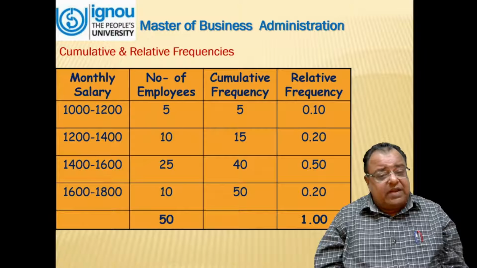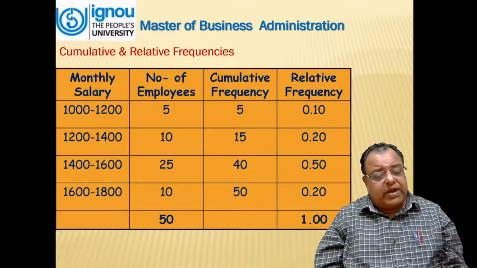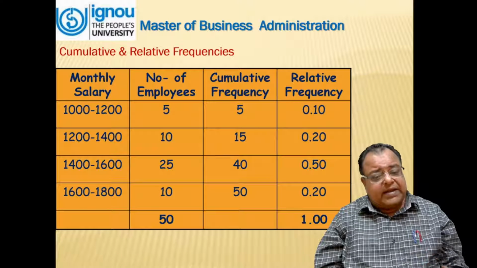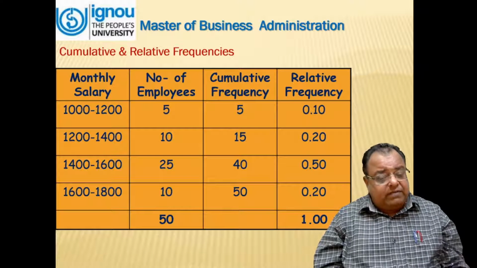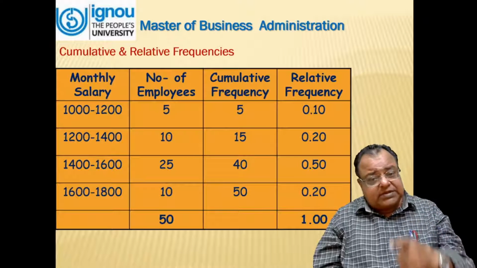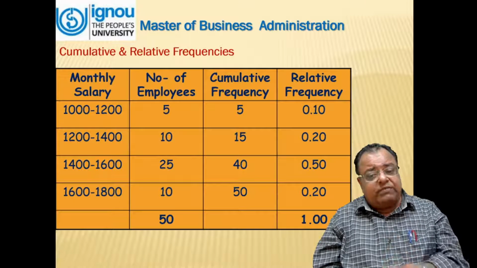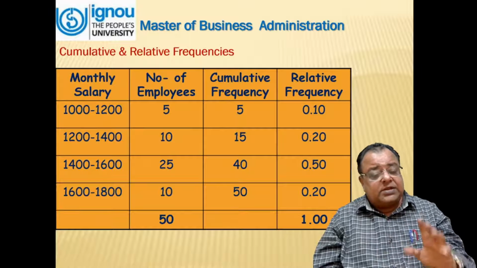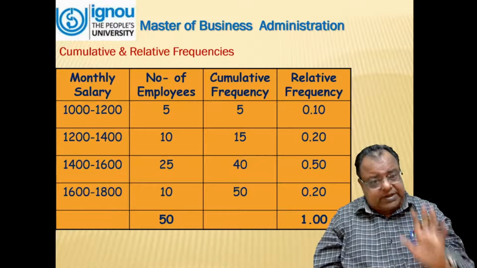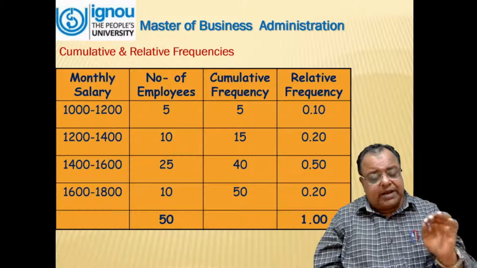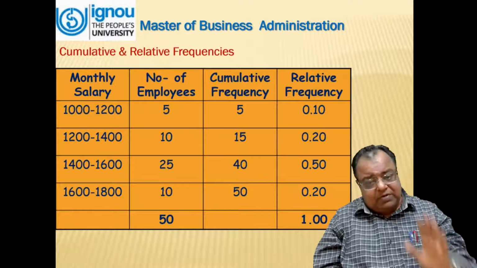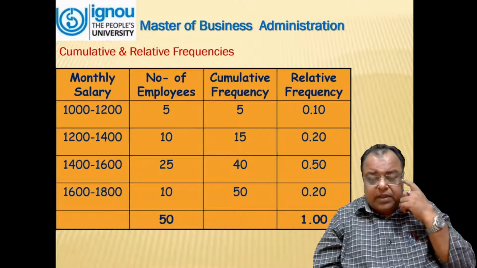For the second one, we add 10 to 5, which gives 15. Similarly, we add 25 to 15 and get 40. And to 40, we add 10 and get 50. We must ensure that the last number in the cumulative frequency column and the sum of the frequencies are the same. If not, there is some error in the calculation of cumulative frequency.